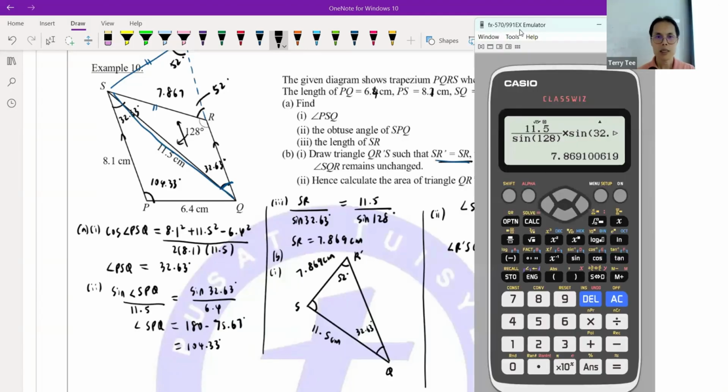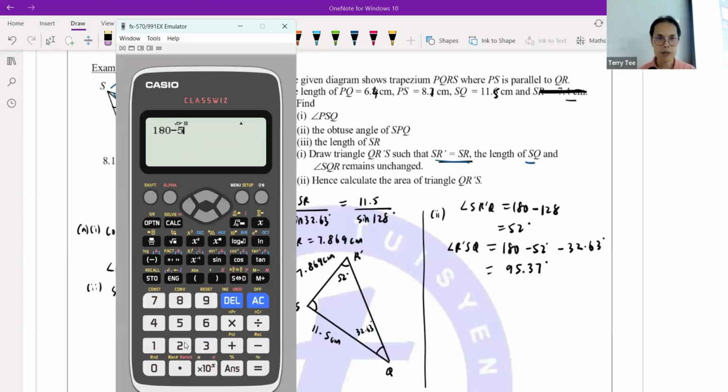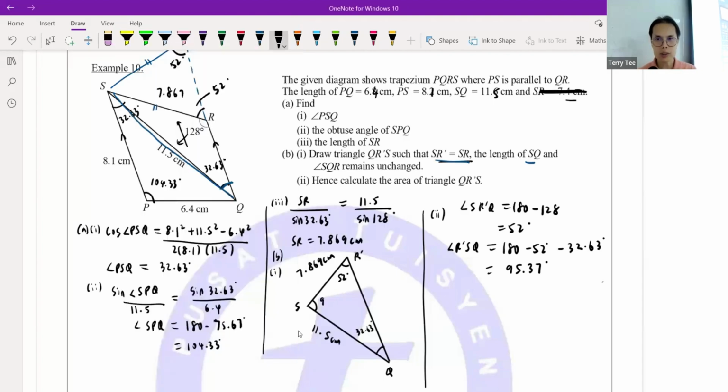Am I right? Correct? Now, once you know 95.37, to find your area, we just take half AB sine C.